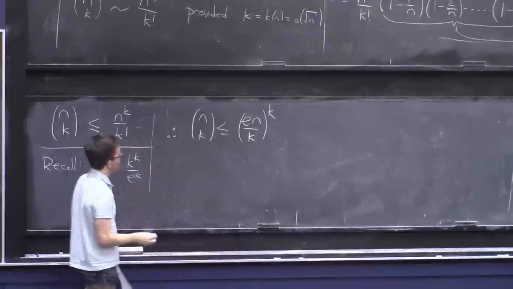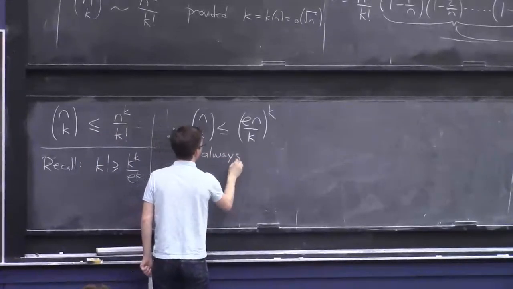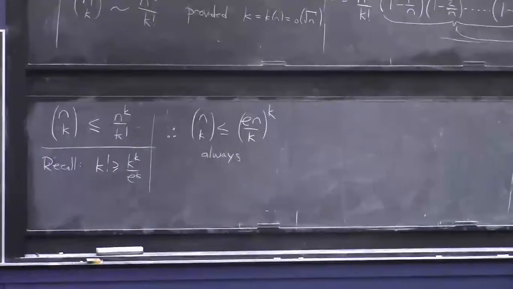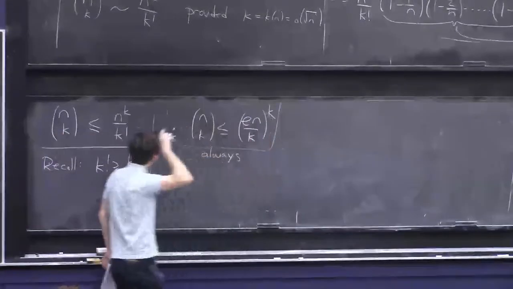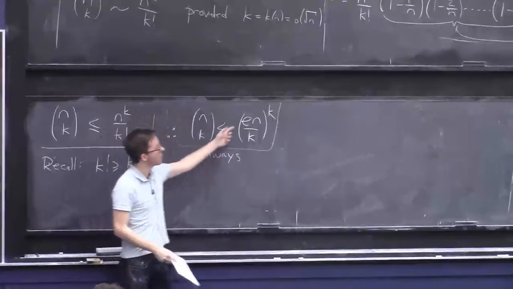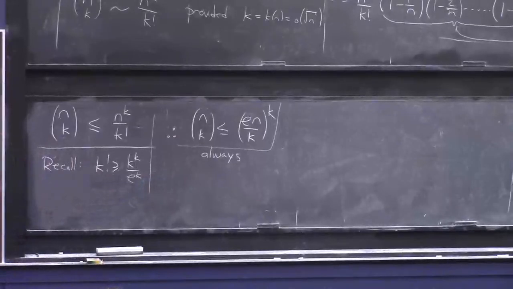And one great virtue of this bound is that this holds for all n, all k. There's no blah, blah, blah about asymptotically how big or small k is. It's just always true. And this bound is pretty good. This bound is often all you need in life. And it's great. I mean, it takes this thing that's got a very complicated definition and just gives you e to the k, n to the k, and k to the k. OK, so that's pretty good.